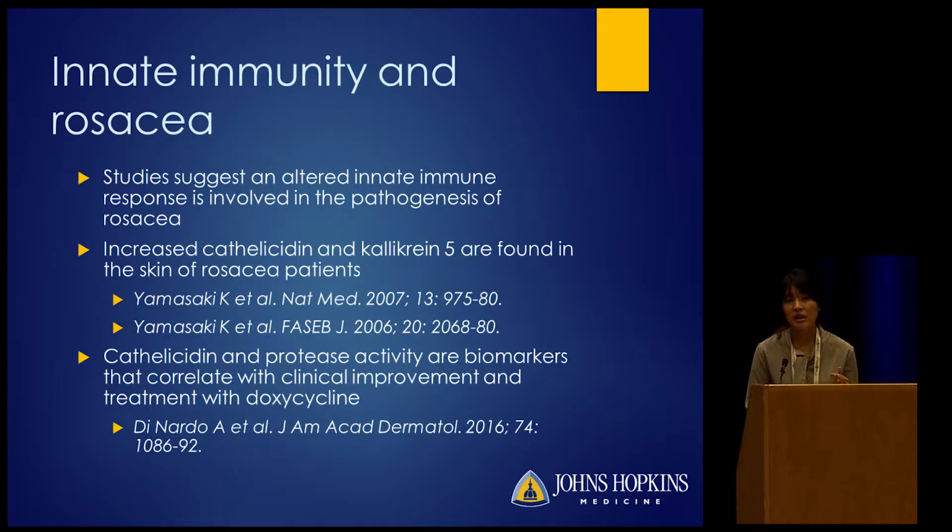And the thought is that they probably drive this pro-inflammatory cascade, as well as maybe explain the vascular growth in these patients. And then more recently, cathelicidin and protease activity were shown to be correlated with clinical improvement during and after treatment with doxycycline, showing their utility as biomarkers for treatment monitoring and treatment response.